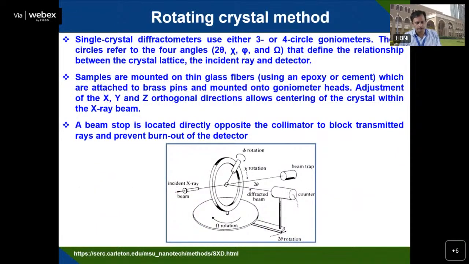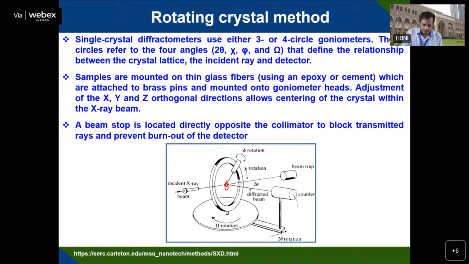Coming to the rotating crystal method, you have a single crystal at the center, and it involves a three or four circle goniometer. That means you have four angles: 2 theta, the angle between the beam and the detector, then also chi, phi, and omega.